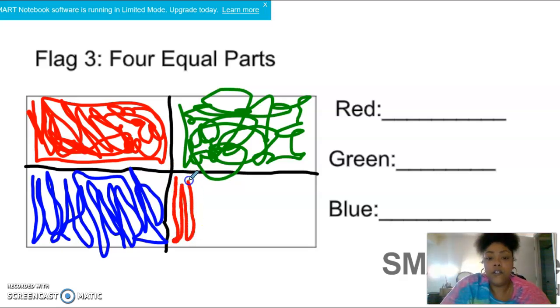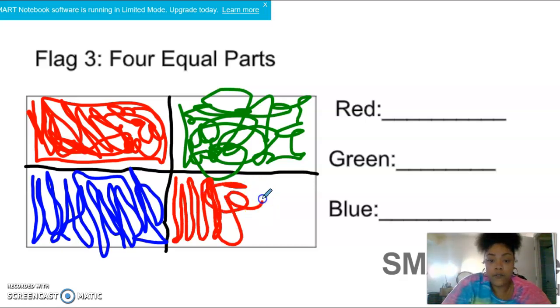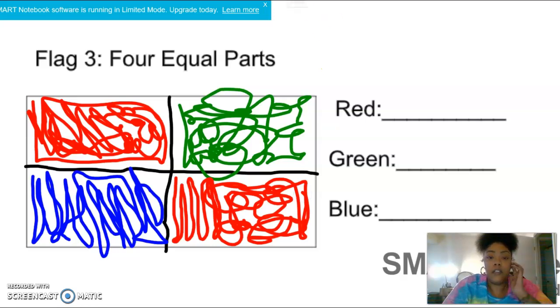You can color the fourth part of your flag, whichever one of those colors is your favorite as well. All right, so now my whole flag is colored in. So now I have to write the fractions for each part.